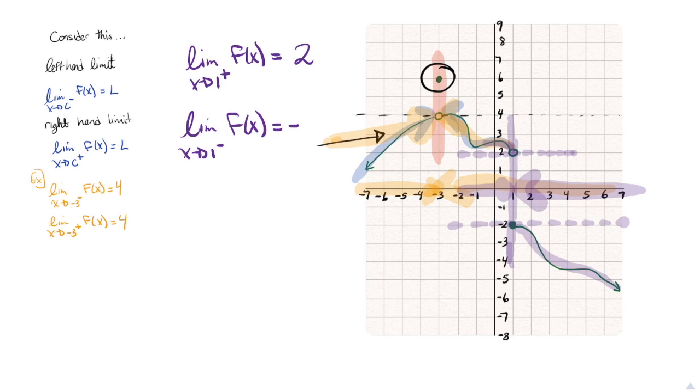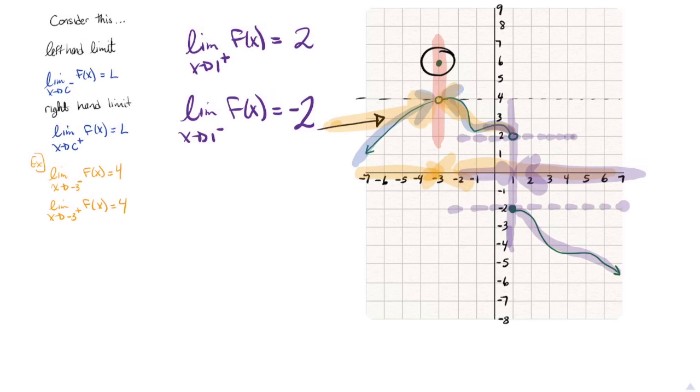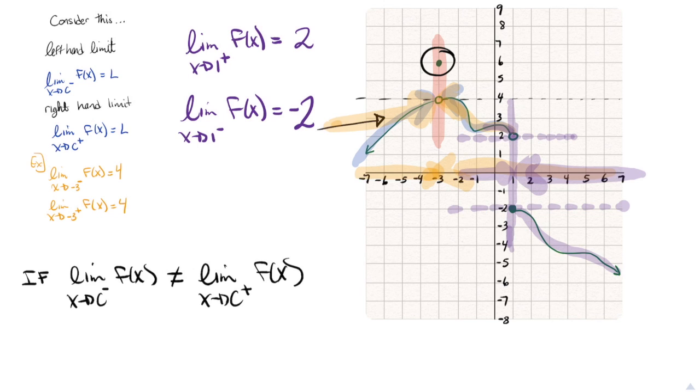So negative 2. Well, what we get is that if the limit as x approaches c from the left of f of x is not equal to the limit as x approaches c from the positive side of f of x, then the limit as x approaches c of f of x does not exist, DNE.